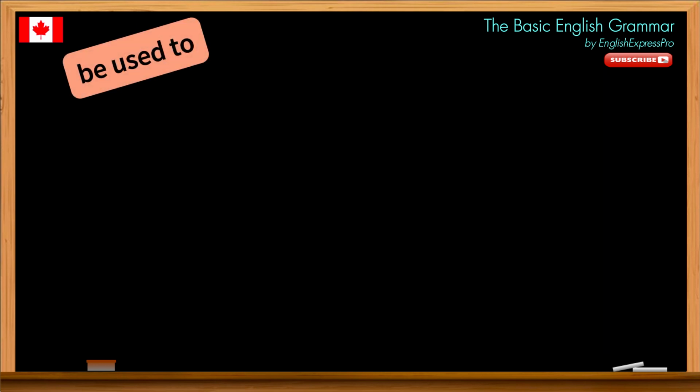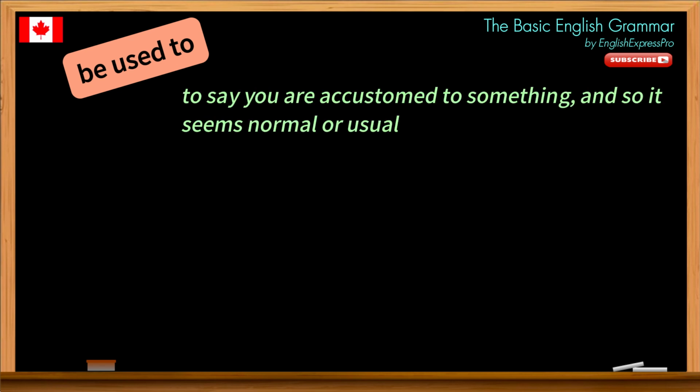Now, let's talk about be used to. Choose be used to say you are accustomed to something, and so it seems normal or usual. If you are used to something, it is not difficult, new, or strange.